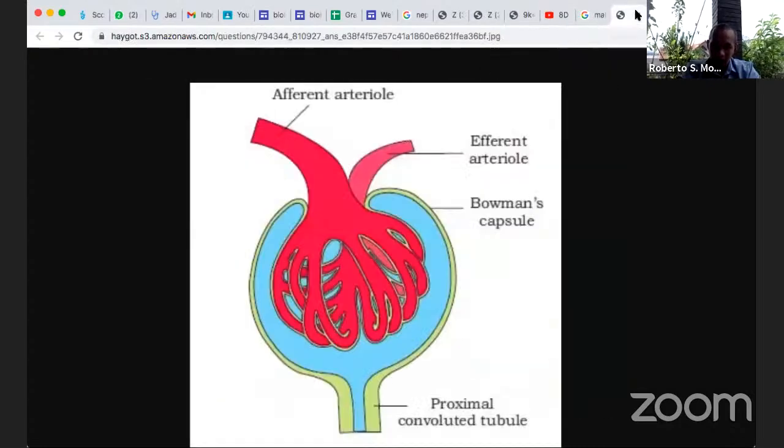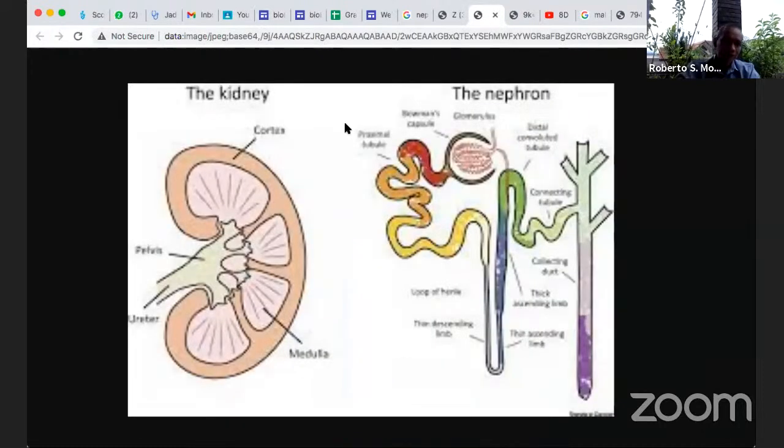If you look at this picture, things will be kicked out from the glomerulus, and then directed to the first tubule, which is the proximal convoluted tubule, or tubulus contortus proximal, or simply proximal tubule. Then the loop of Henle and distal convoluted tubule, and then collecting tubule.